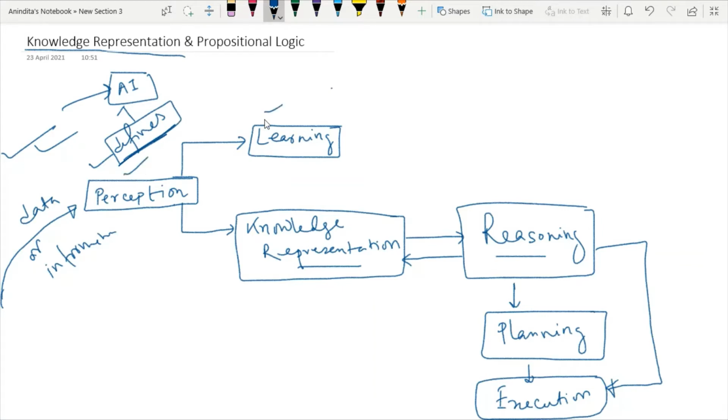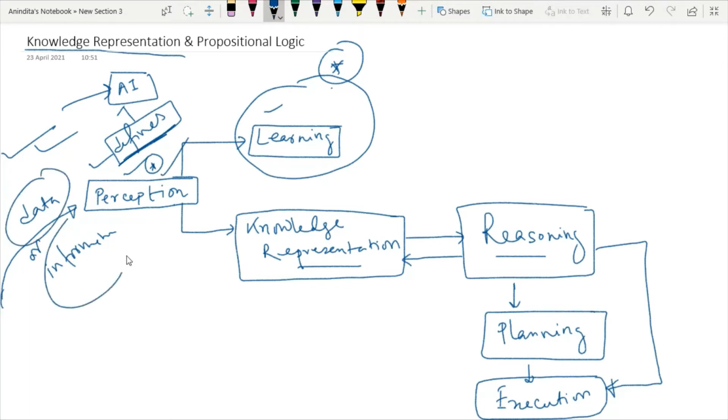The learning component learns and captures data. Or we can say the learning component gathers whatever information is captured by the perception component. Means whatever data and information the perception component gathers from the environment, the learning component will accept those.